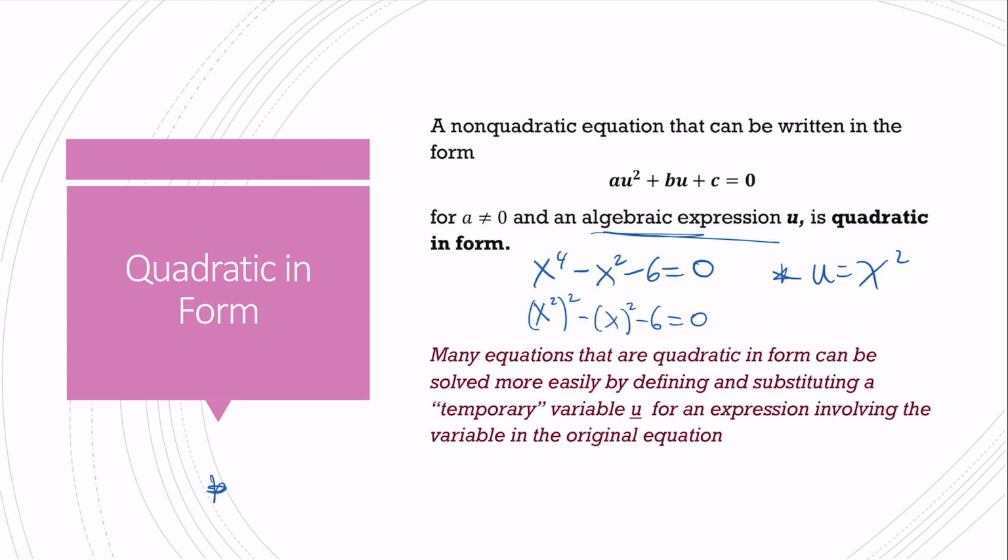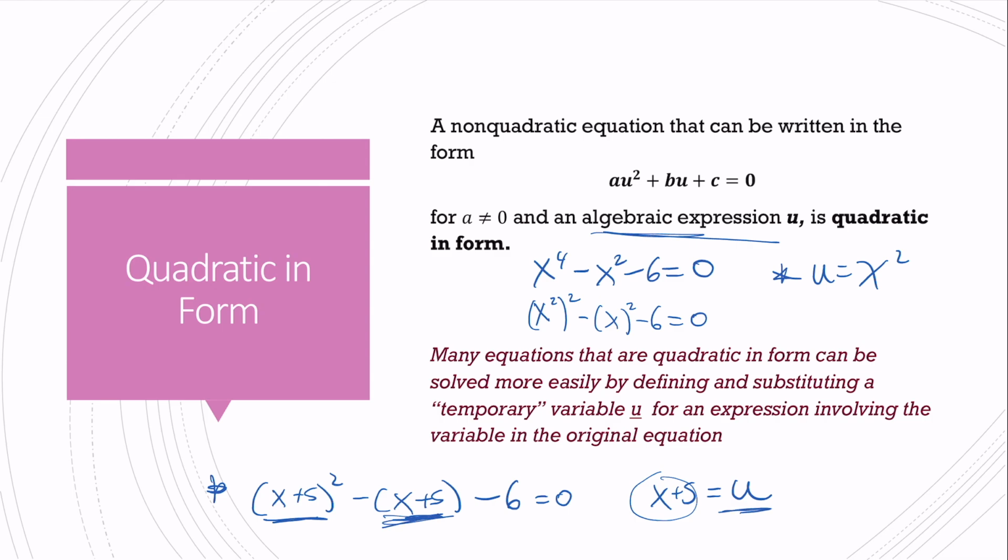Another example could be x plus 5 squared minus x plus 5 minus 6. In this case, this x plus 5 would be our u, and we could do u substitution to plug in u instead of x plus 5, and we could see how we'd need to factor that.